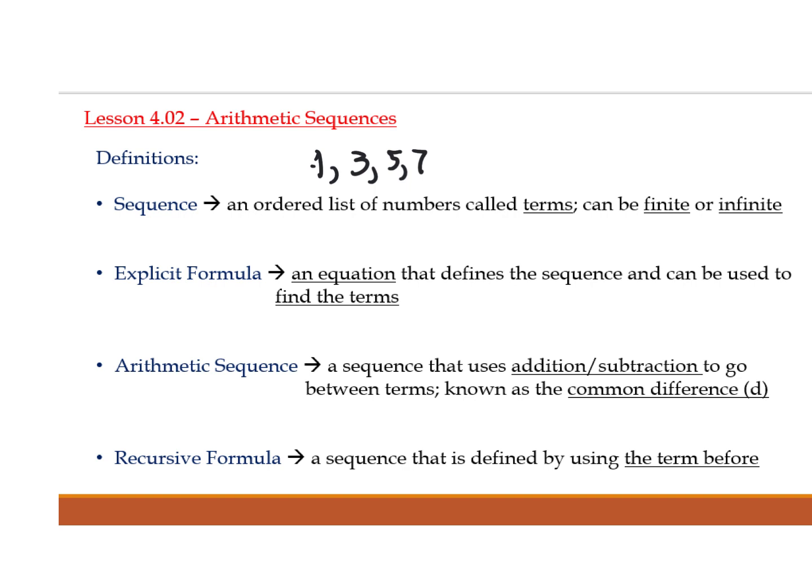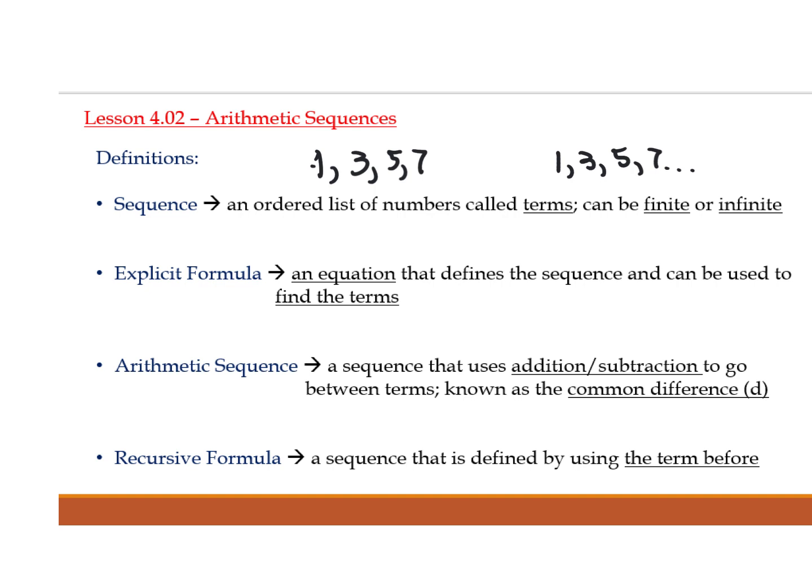An infinite sequence goes on forever and ever, and to show that, you put a ... at the end, which means that it keeps going. So if you see a sequence with just numbers listed, that is finite. If you see a ... at the end, it is infinite.